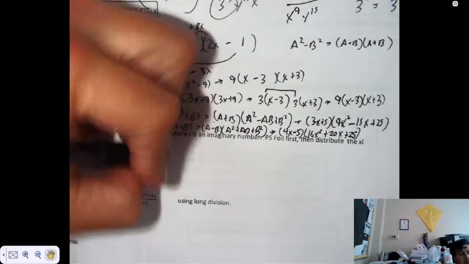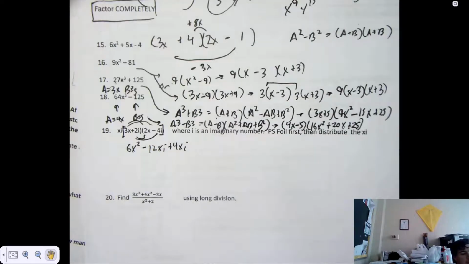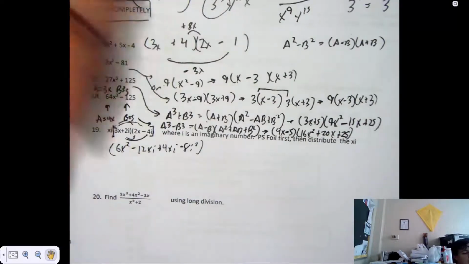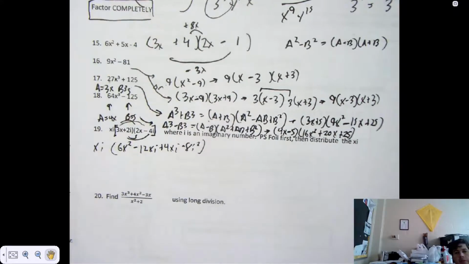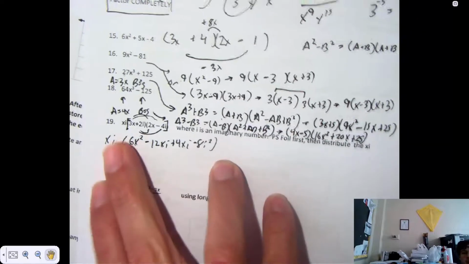Plus 4xi minus 8i squared. So Jesus the carpenter may not have done this, but I'm sure the ascended version could. And I'll leave that xi there. Now, there's a lot of work that can be done in here before I worry about this xi out front.